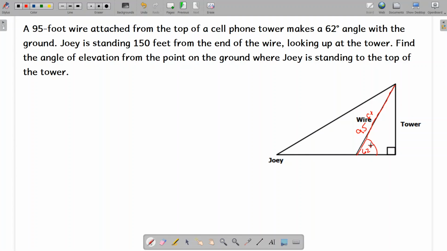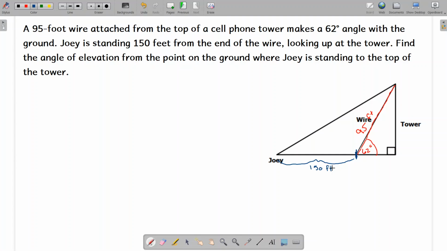Now it says Joey is standing 150 feet away from the end of the wire. Now, don't mislabel this. The end of the wire is right here. So that means that this distance is 150 feet, not the entire base of the triangle, the big triangle, I should say, but just from Joey to the base of that wire.